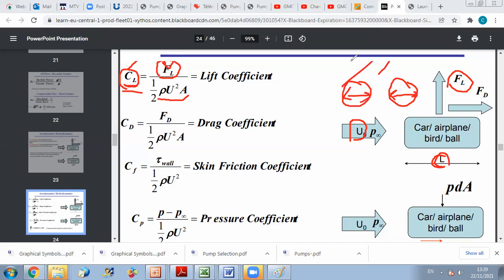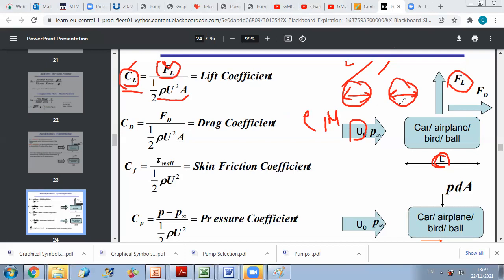In addition, one important parameter is the type of flow, and for the type of flow, the characteristics are rho and mu. Depending on whether it's water or air, rho and mu will vary.